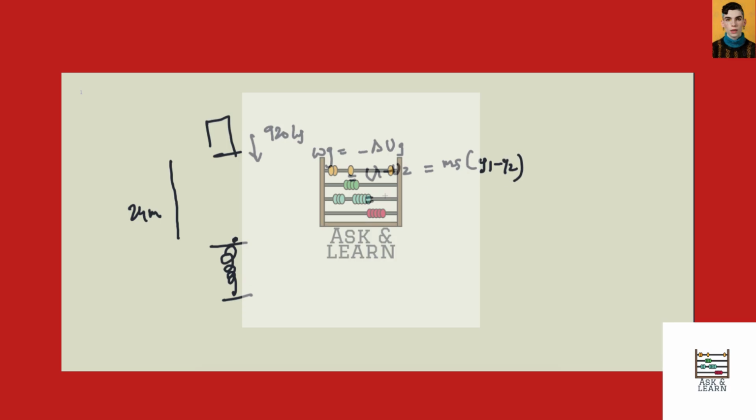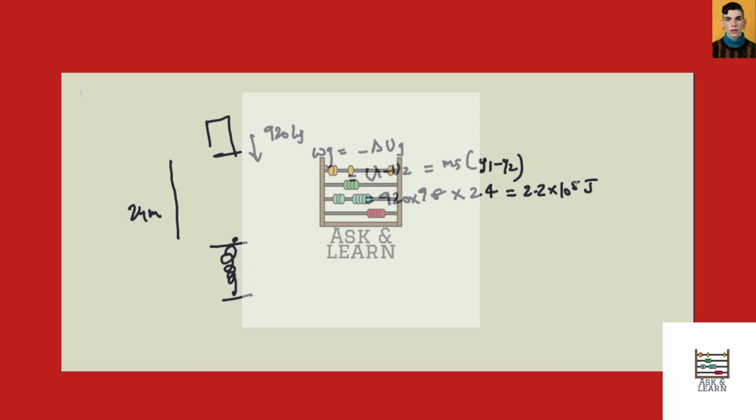So it's 920 times 9.8 times 24. That should give you 2.2 times 10 to the power of 5 joules as the work done.